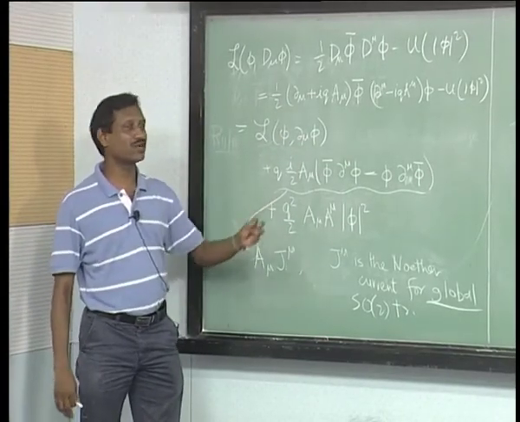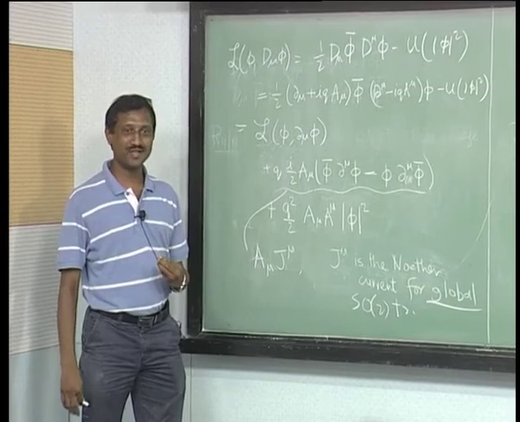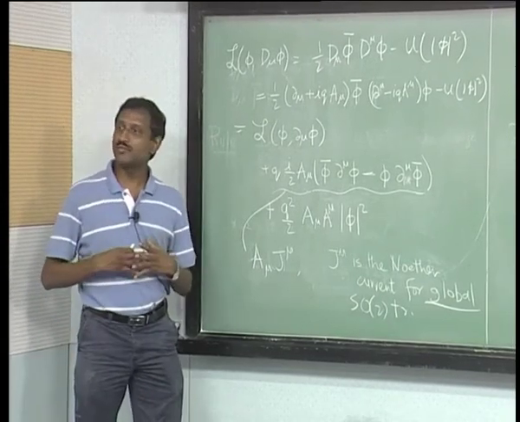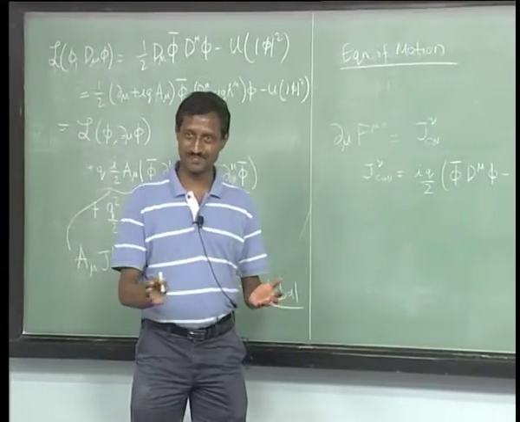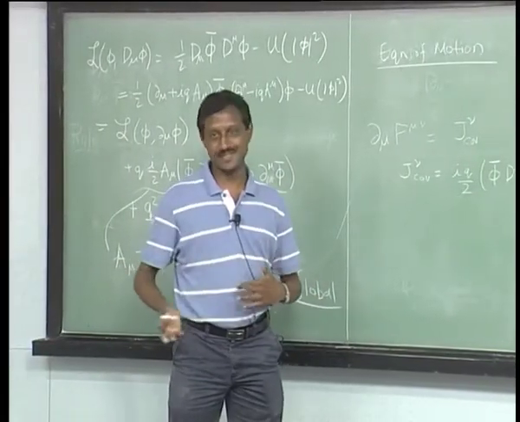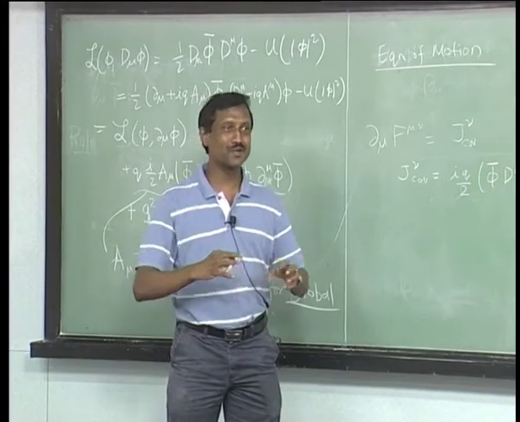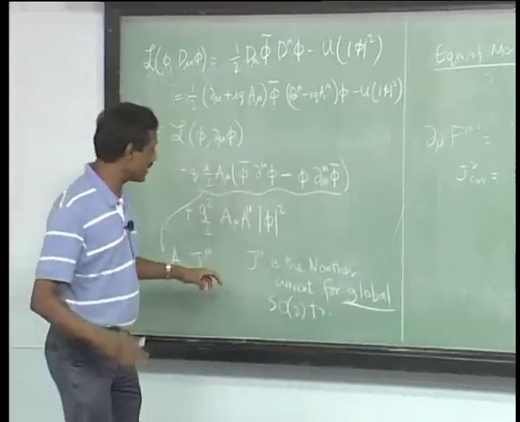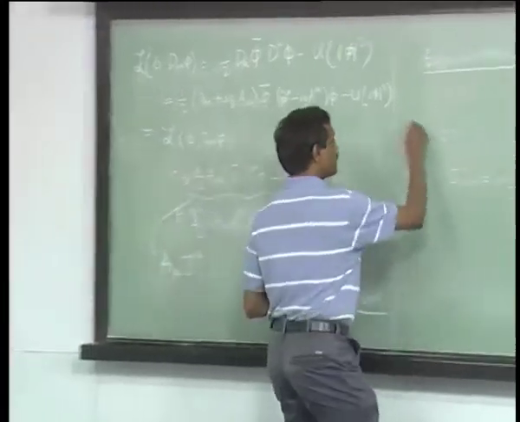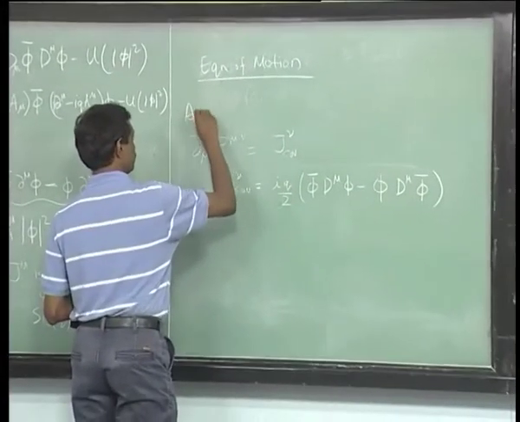This is the power of what is called covariance. What you do is you write things in terms of objects which transform nicely, and then proofs become much easier. So, the hard work goes in defining those things, and then you are done. So, here you can get this. This is the equation of motion for A mu.